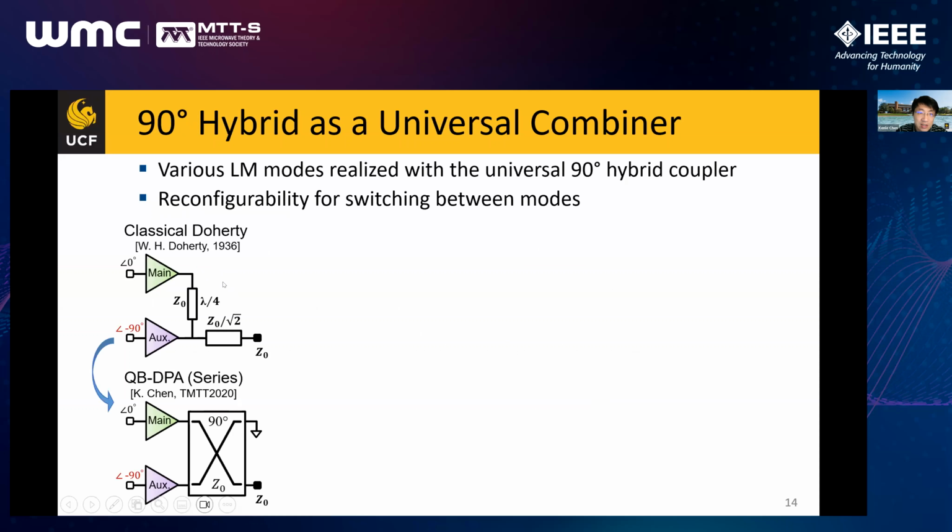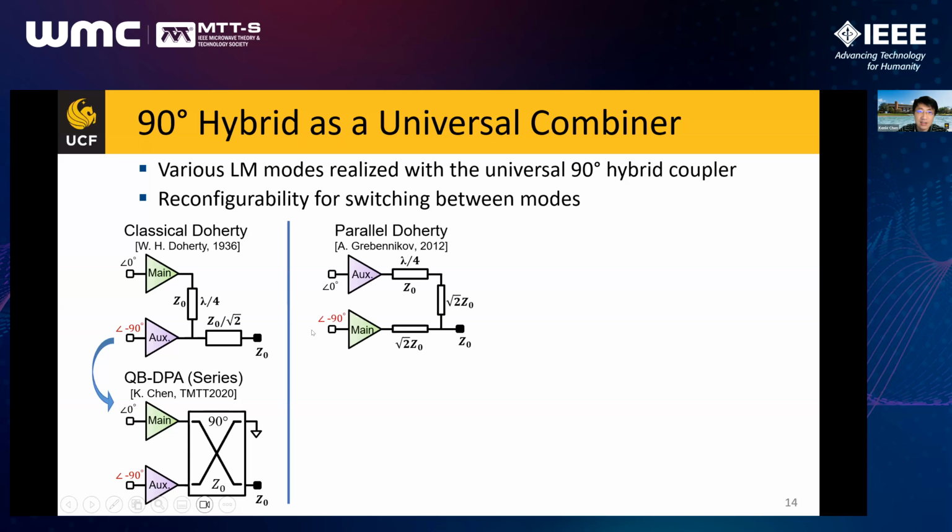What we originally discovered in this paper is that we can basically replace the Doherty combiner with this quadrature coupler, this very classical platform component. By connecting the main and auxiliary amplifier to the through and the coupled port of this quadrature coupler, and short circuiting this isolation port, it can achieve an exactly equivalent function as the ideal Doherty combiner.